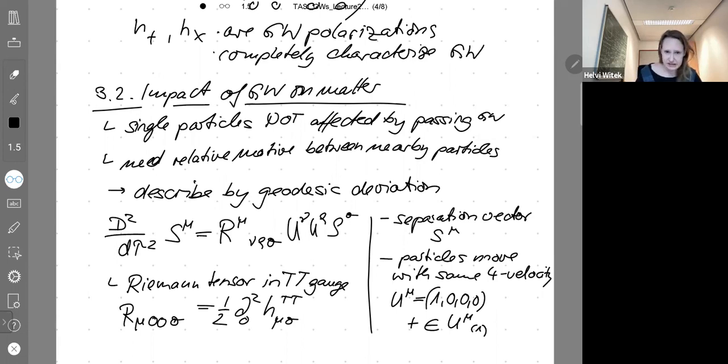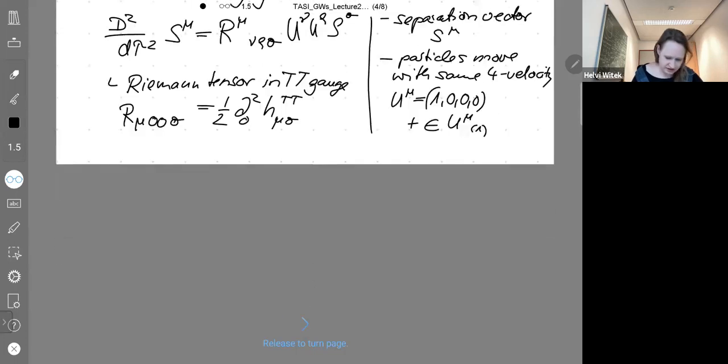At leading order. And the reason is that the Riemann tensor itself is already of order epsilon, so only the leading order component of our 4 velocity will contribute here. Okay, so let me just write that down on the next slide.